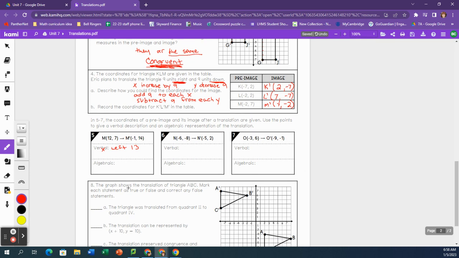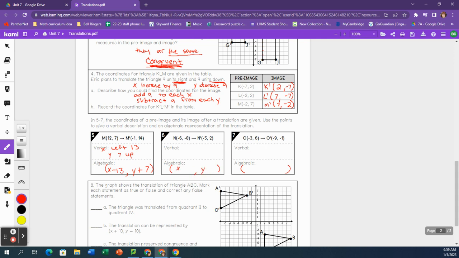Okay? Left 13 and 7 up. From 7 to 7, we'd say Y is 7 up, or up 7. So algebraically, you could see it here. Here's how it'd look algebraically. X decreased by 13 and Y increased by 7. There it is.